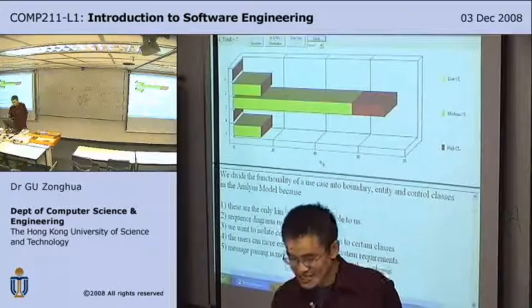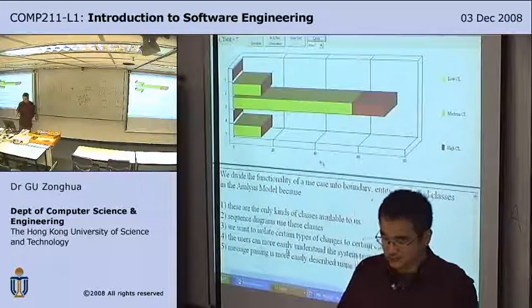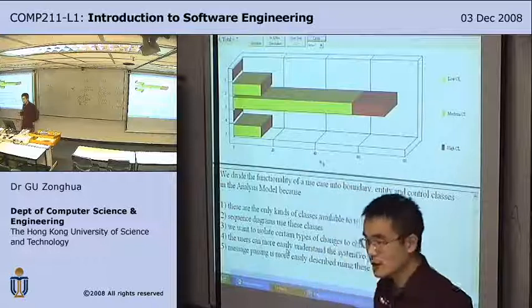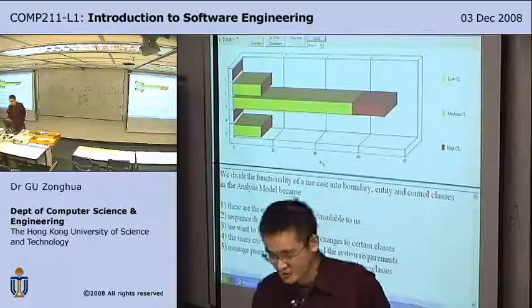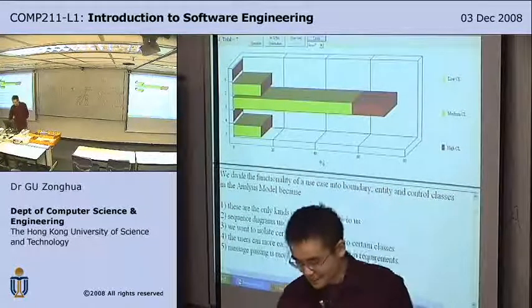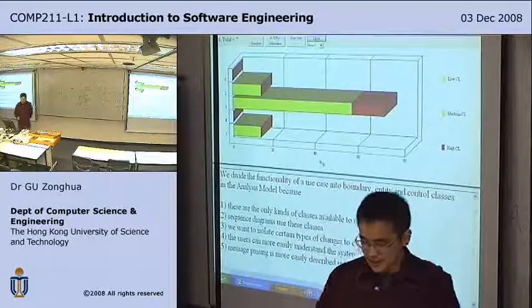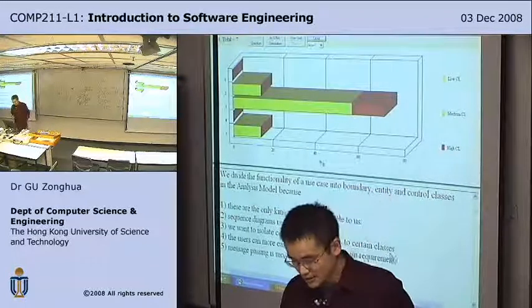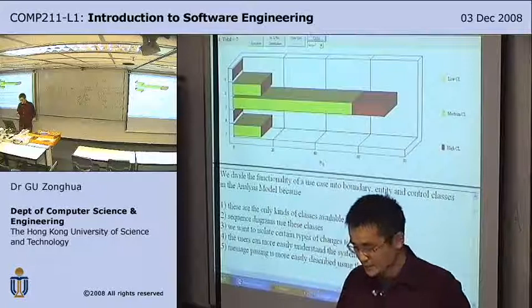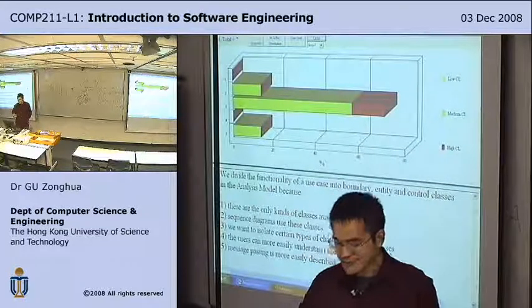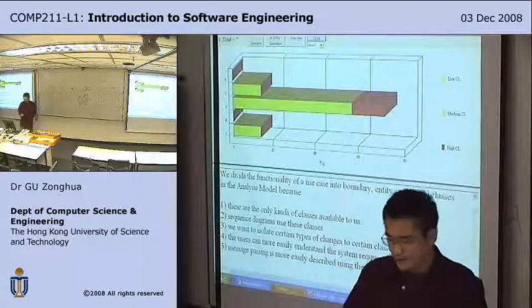User can easily understand the system requirements. Again, analysis model is not even shown to the users. It's internal. So message passing is more easily described. That's not correct because classes, objects communicate via message passing.